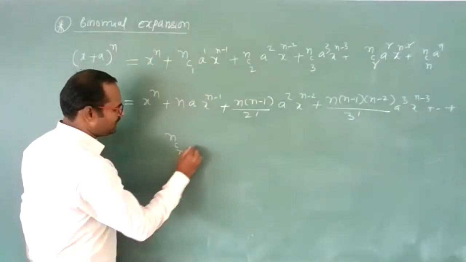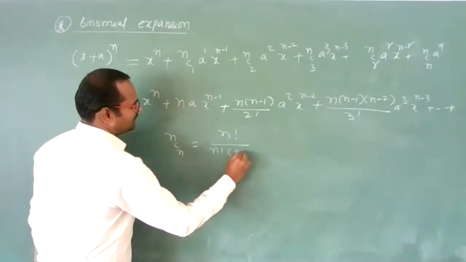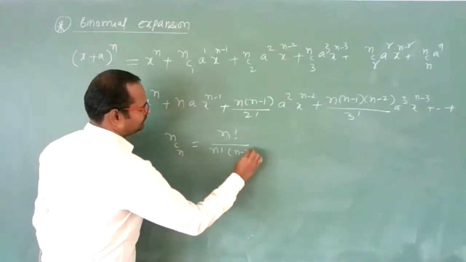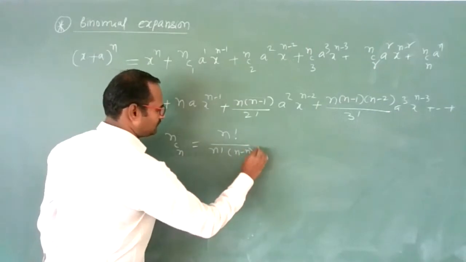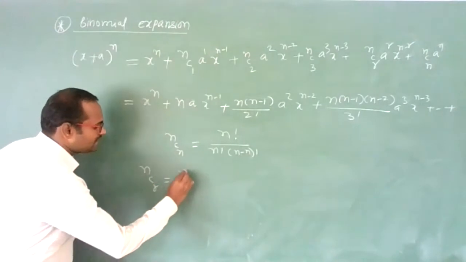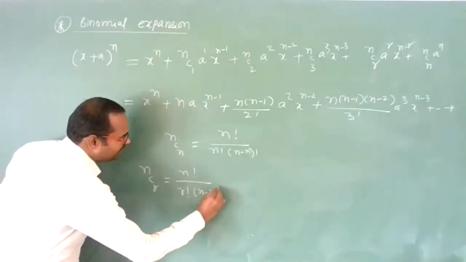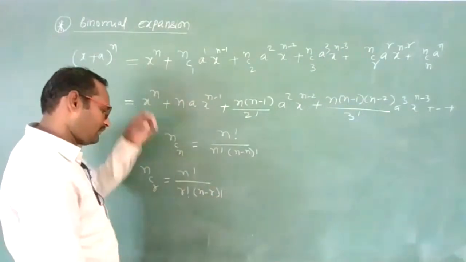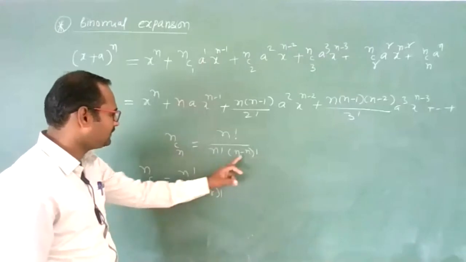NCN value is n factorial by n factorial into n minus n factorial, because NCR is n factorial by r factorial into n minus r factorial. Clear? So for NCN, in the place of r substitute n.